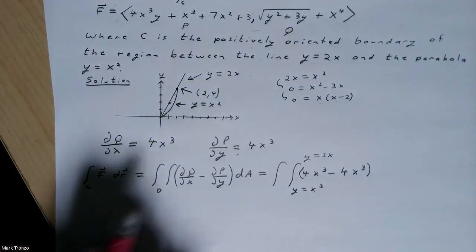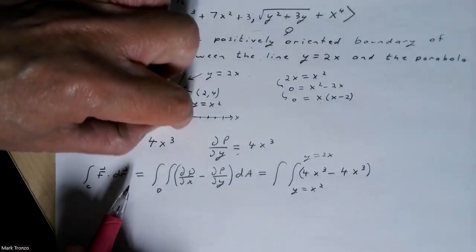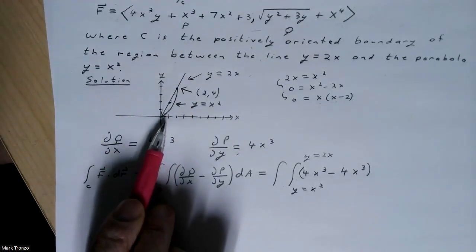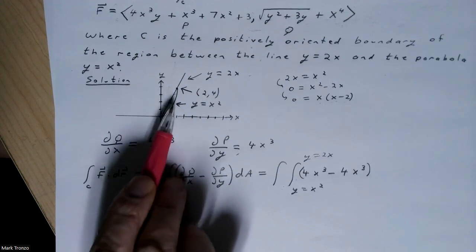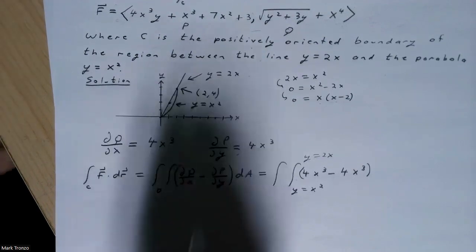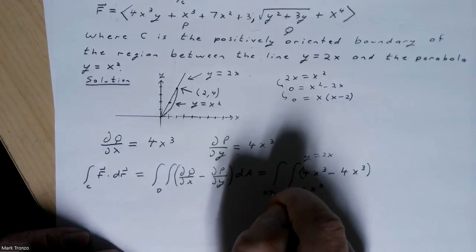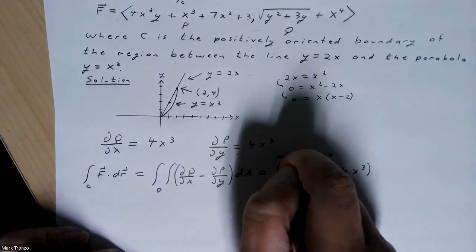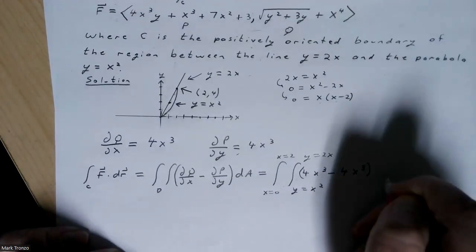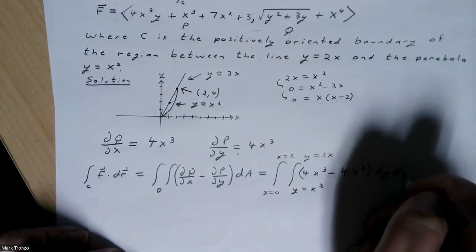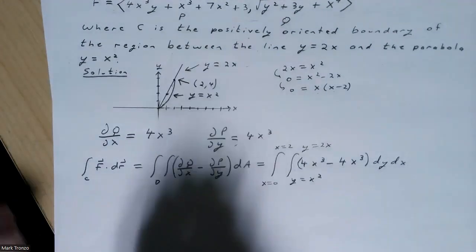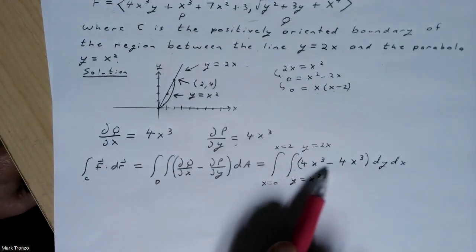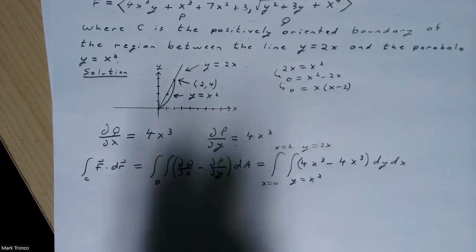And then you can think of how that area projects down onto the x-axis. And so x covers the region from 0 to 2, with dy dx. So that's what we would normally do. Now, one of the things we notice right here is that this is 0.